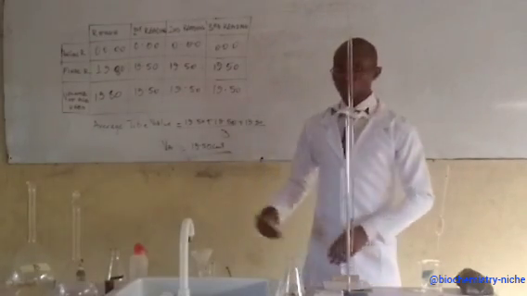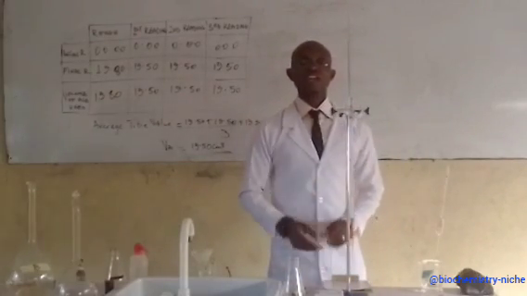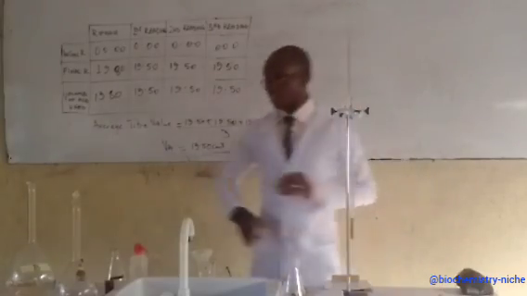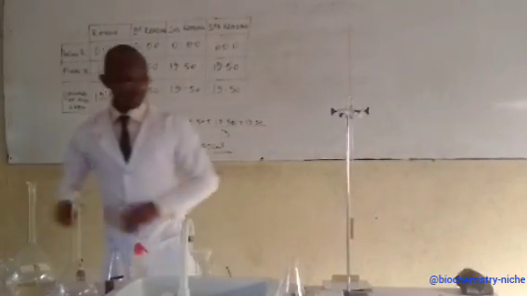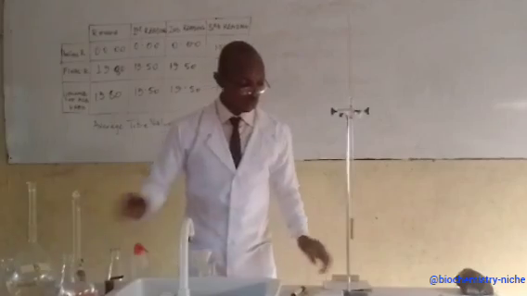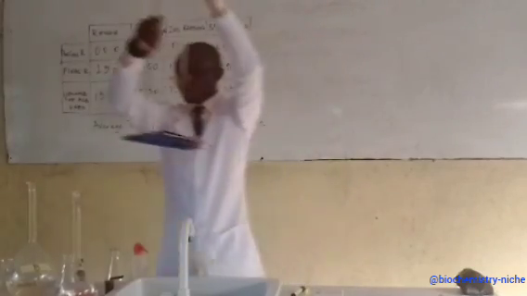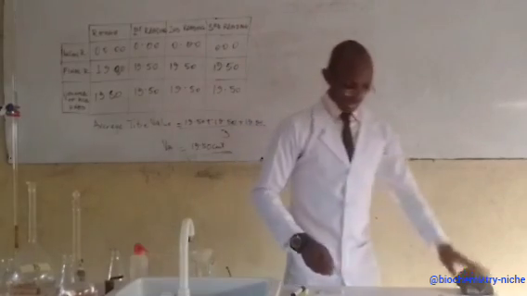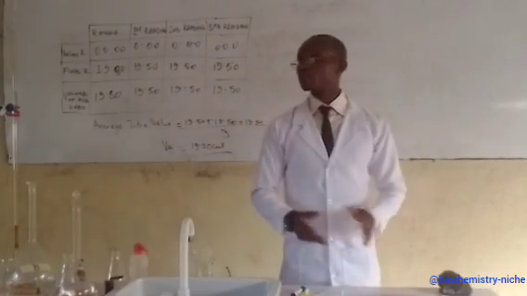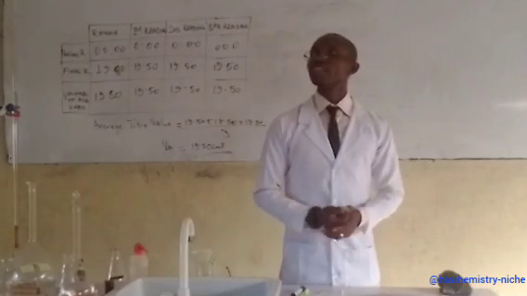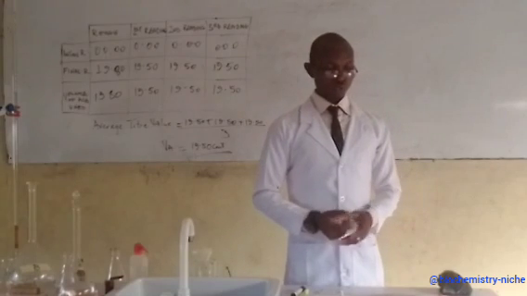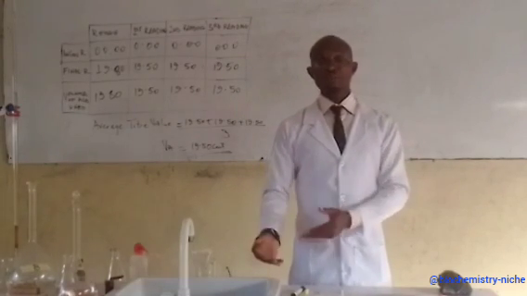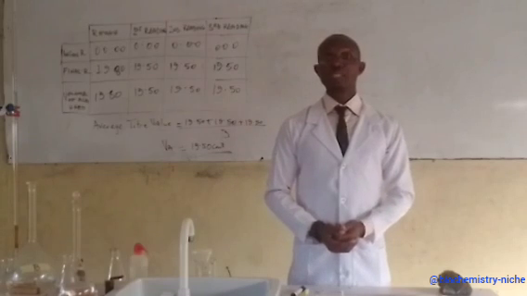Now that we have been able to get this out of the way, let us now quickly take a couple of questions. So let me put this aside and we quickly take 1 or 2 questions. Okay, so now, peradventure you are given some questions like being asked to calculate the concentration of the acid or the concentration of the base.